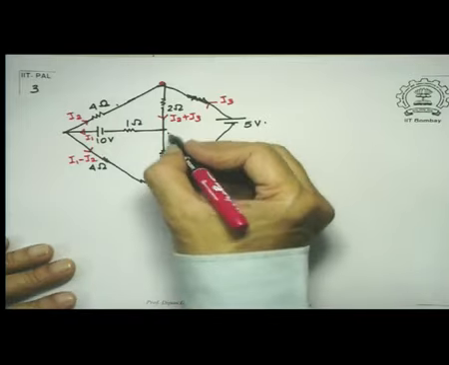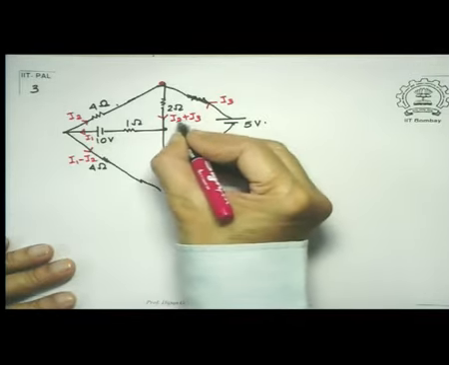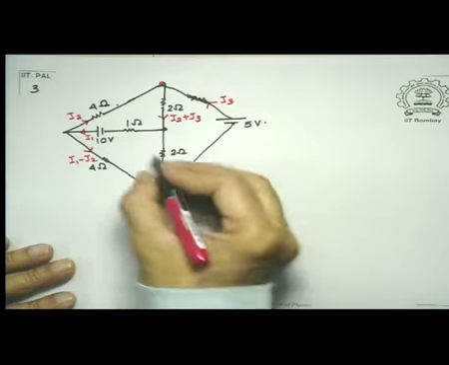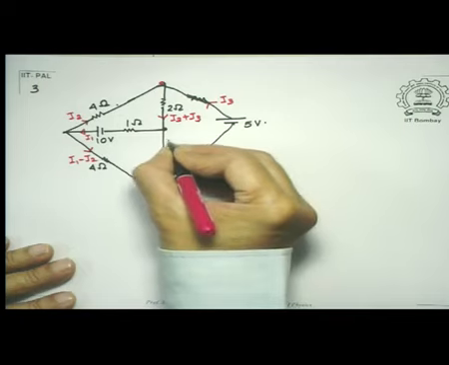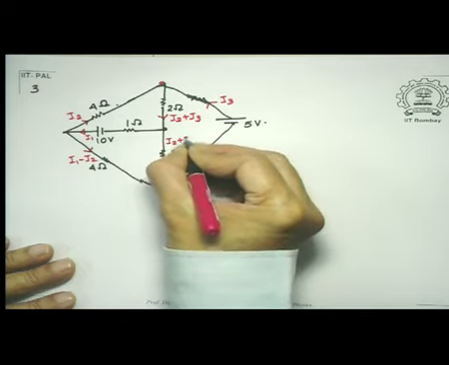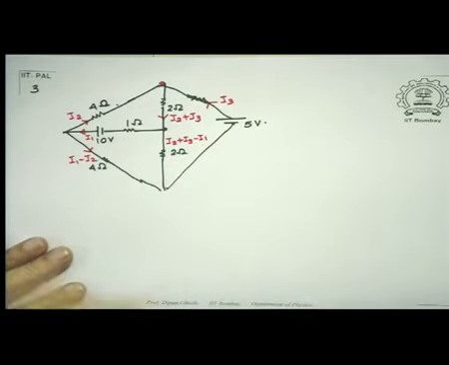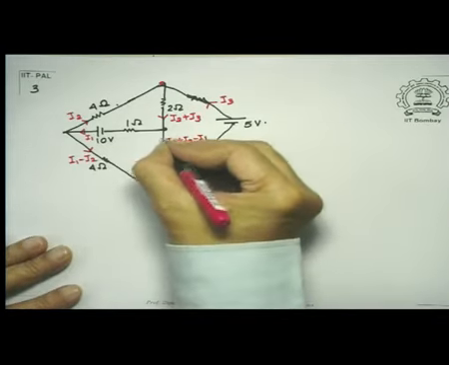So notice what has happened now. At this junction I2 plus I3 comes in and another I1 goes out. So therefore at this junction it is I2 plus I3 minus I1, and that is going out.